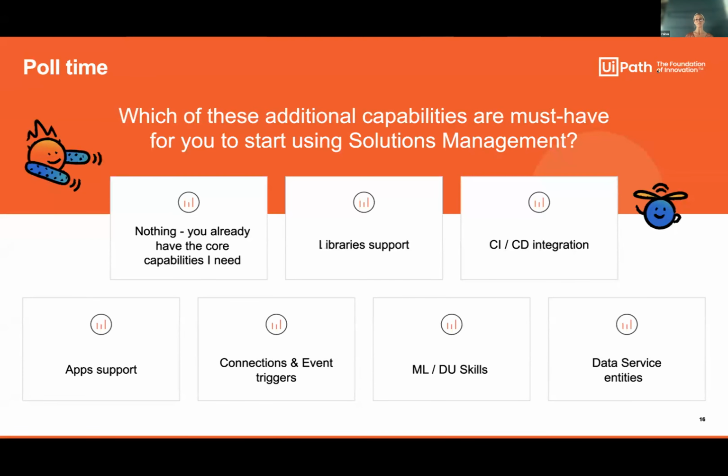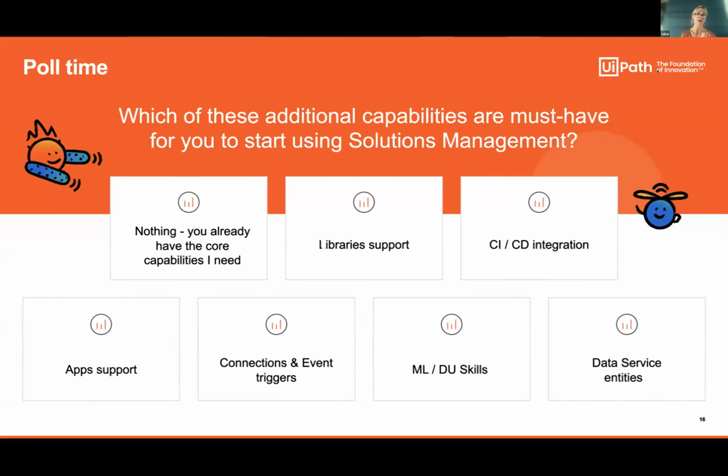So my question for you is, if what I've showed you today and also the upgrade flow would be generally available for all of you tomorrow, would you start using it in this form? I want to understand what additional capabilities are a must-have for you to actually start using the solution management capabilities and for it to provide value in your day-to-day work.